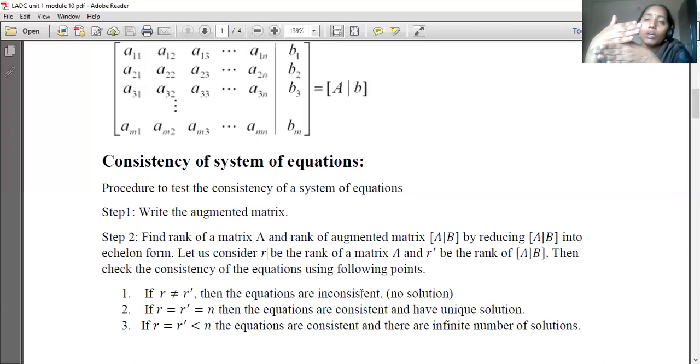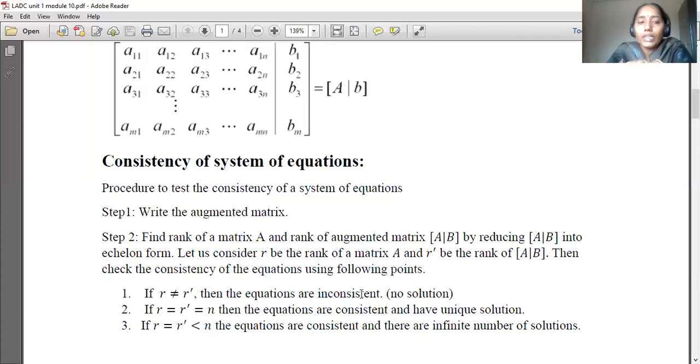One. Whatever the number of planes, one plane, second plane, third plane, fourth plane, if n number of planes are intersecting at only one point, in that case the system has only one solution, that is a unique solution. In that case, rank of A is equal to rank of augmented matrix.